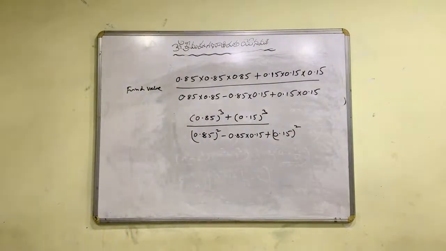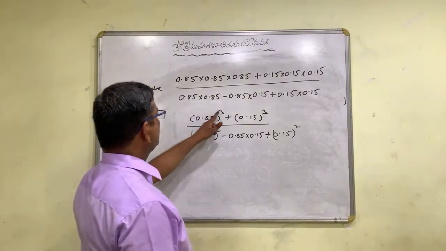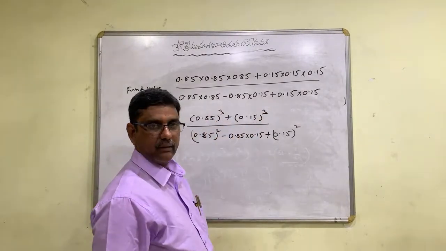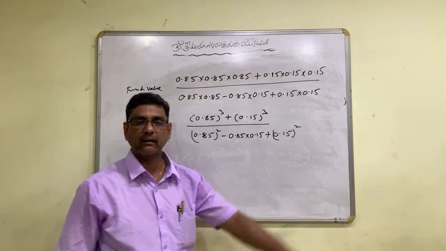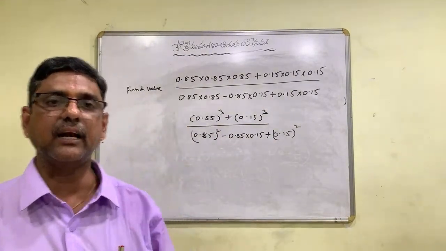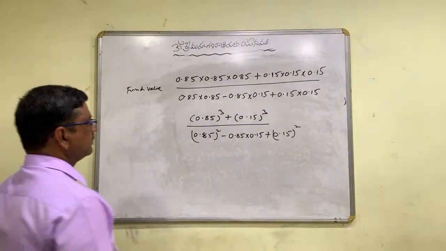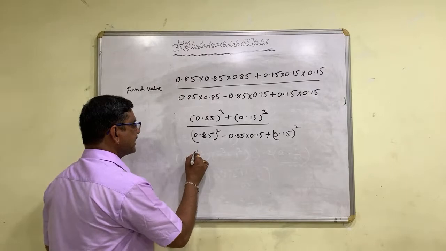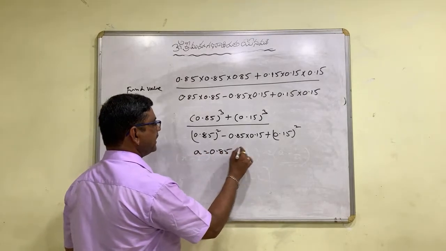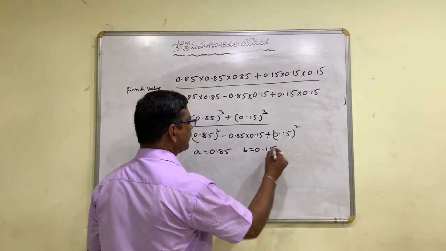Now see the problem. a cube plus b cube by a square minus ab plus b square. Is that right, children? I consider a as 0.85, b as 0.15.